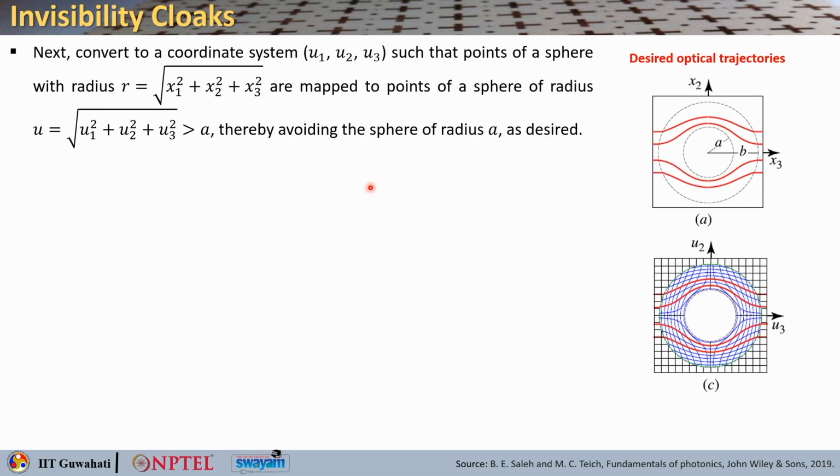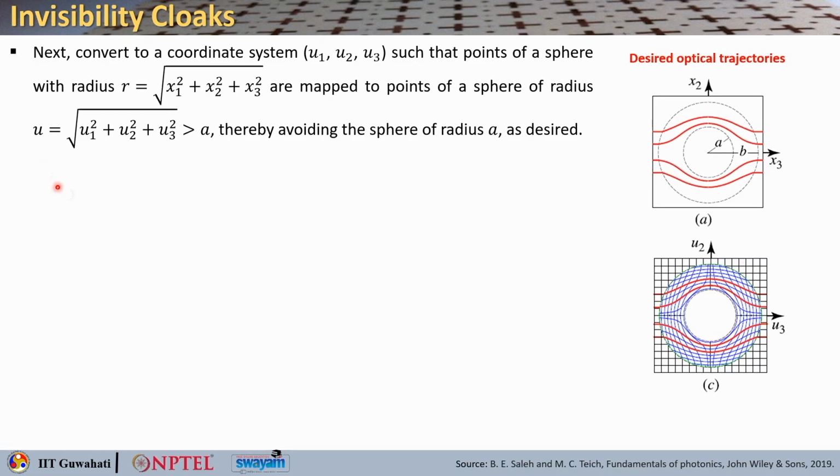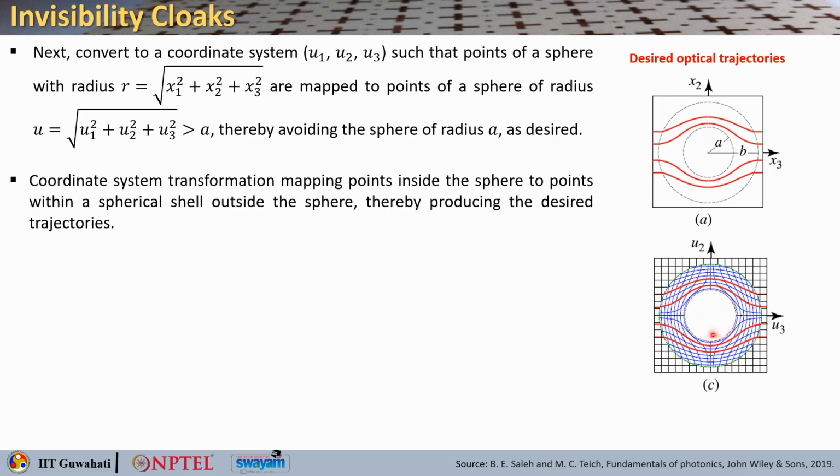Then you convert to a coordinate system u1, u2 and u3 such that the points of a sphere with radius r, which is given as square root of x1 square plus x2 square plus x3 square, can be mapped onto a sphere of radius u, which is larger than the radius a. So you are basically avoiding the sphere of radius a. You just want to move out of this range.